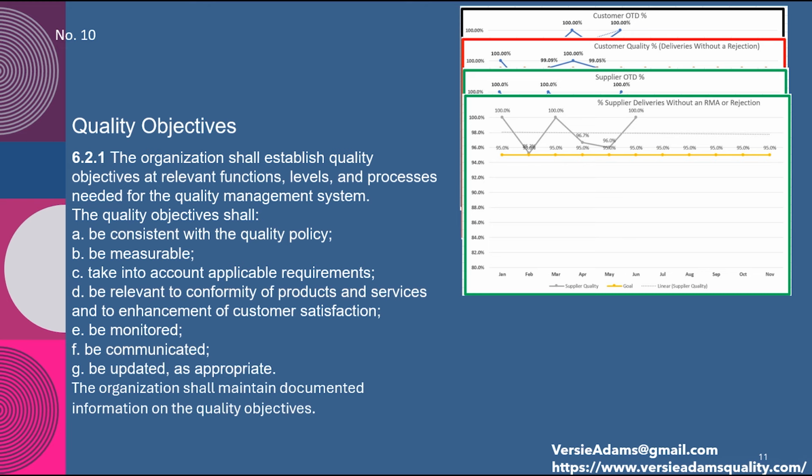Another issue that I'm finding often is 6.2.1(f). They need to be communicated. And what I'm seeing is that the quality objectives are not posted anywhere throughout the manufacturing facility or even in the quality lab or in the lobby. They're not posted so that the interested parties, which are the internal interested parties, in this case, the employees, are not aware of what the quality objectives are and what the performance is to those quality objectives.